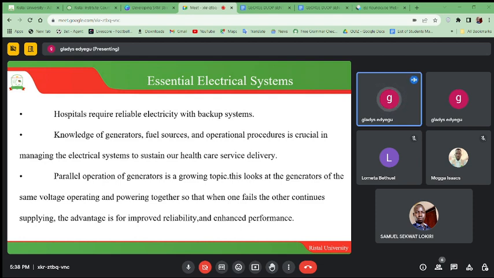So we need essential electrical systems to help us with continuous service provision, so that we can make sure there is real reliability of our services to our clients.